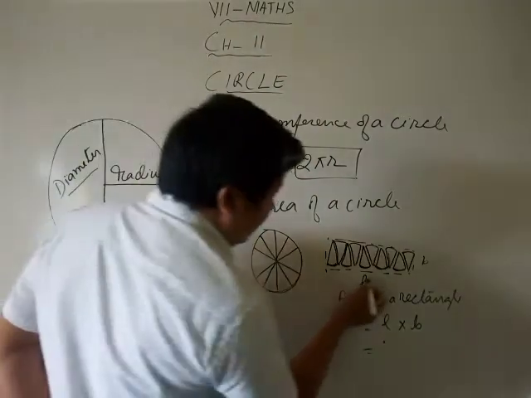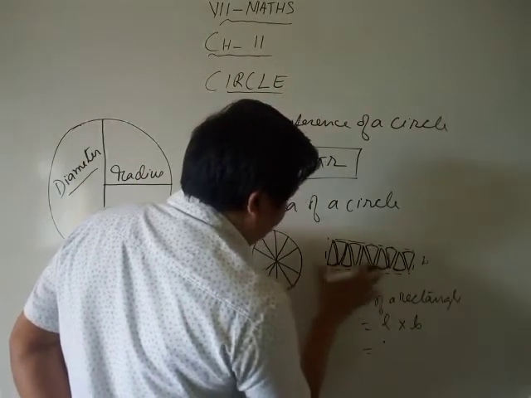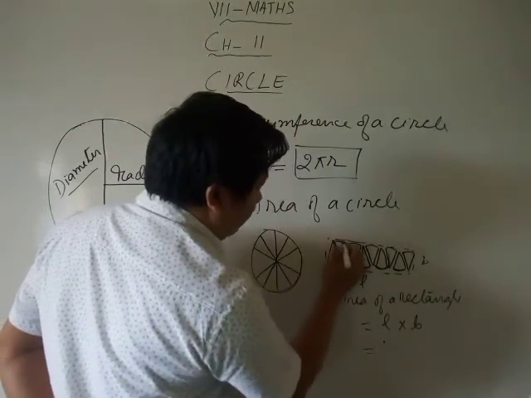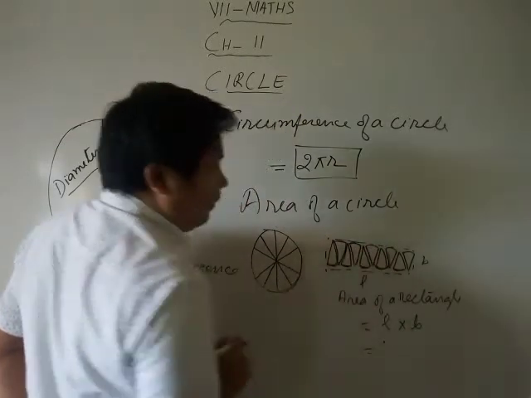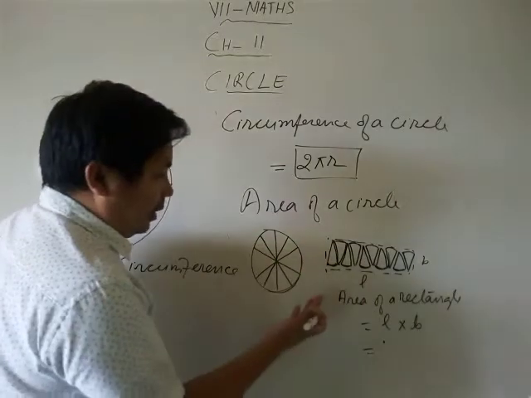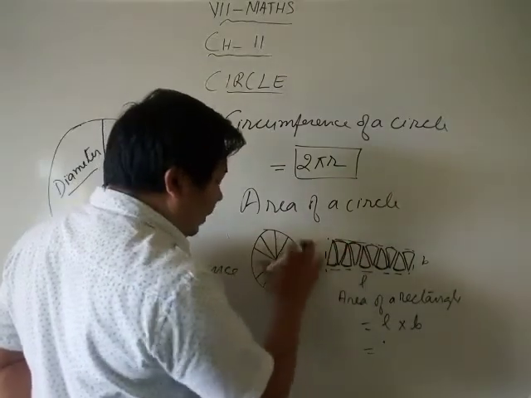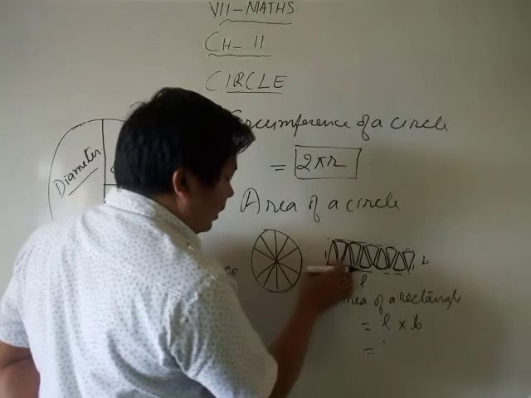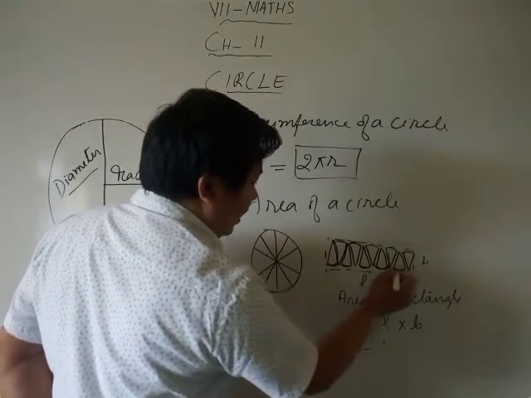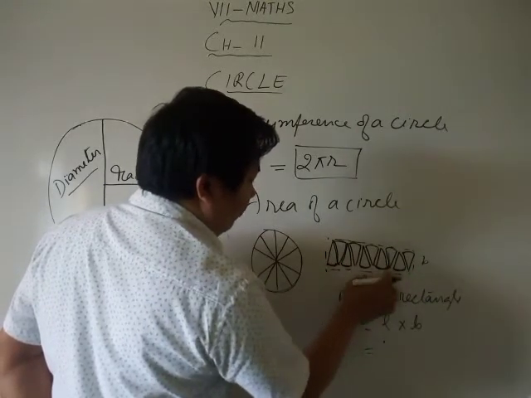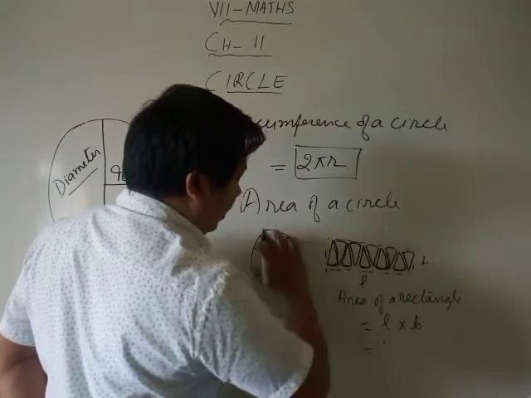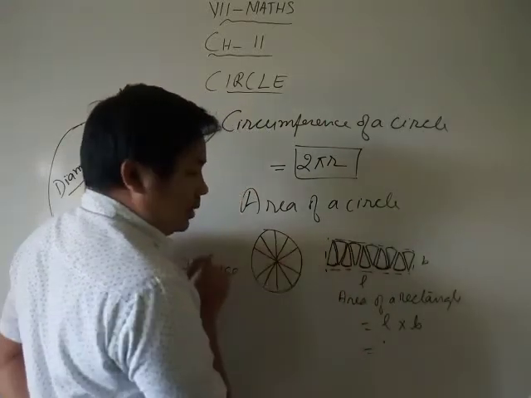You can see that the circumference is divided into two parts. This is not the complete circumference; some other part of the circumference is here. So this is half of the circumference, and here is another half to make the complete circumference.